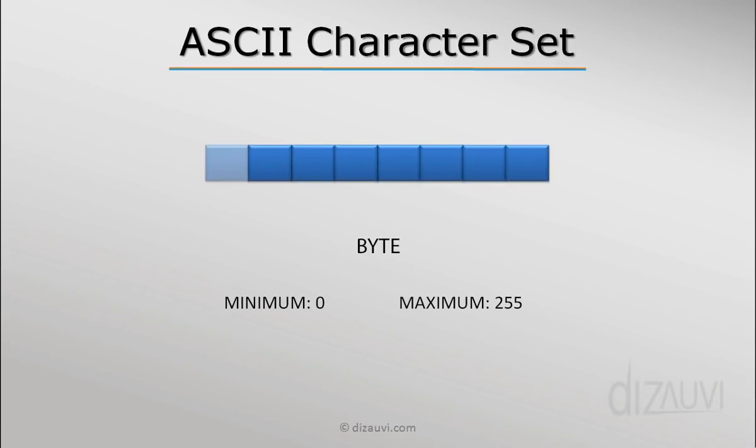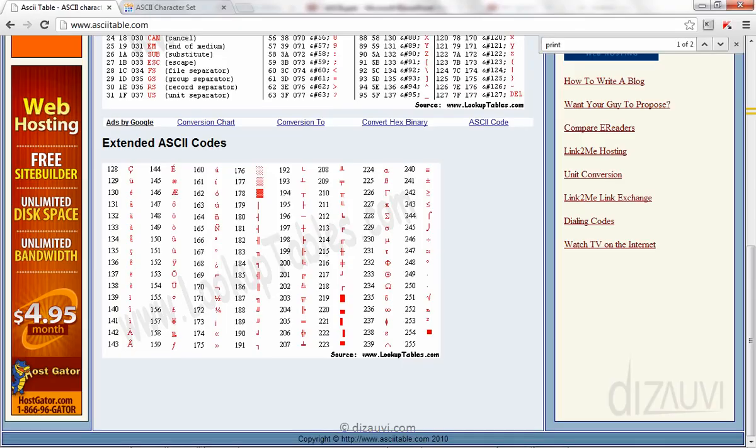We only need 7 bits in binary. So this 8th bit was free to use because ASCII did not define anything beyond the integer value of 127. So using this 8th bit, some more characters used in Western European languages were defined along with some mathematical characters.